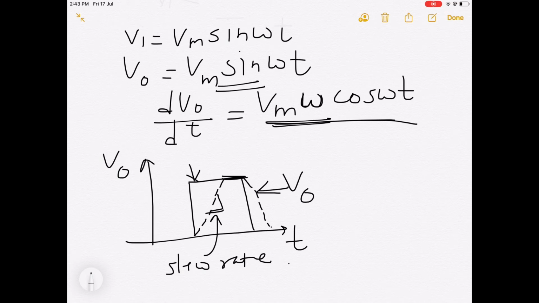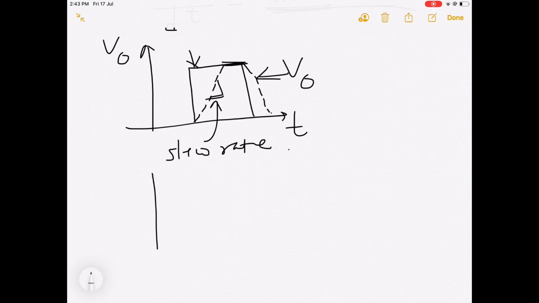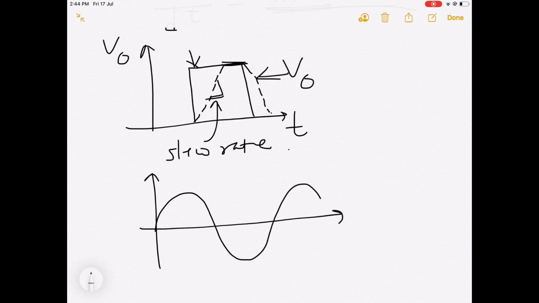This is the effect of slew rate on pulse input. If you apply a sine wave, suppose this is your input sine wave, and because of the slew rate effect, your output will change like this.